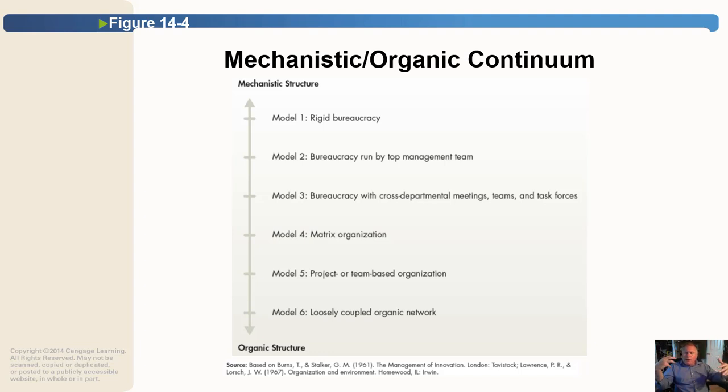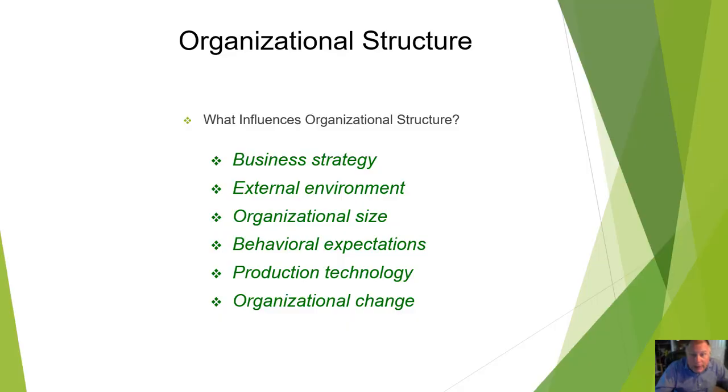There may be individual parts of the company that run that way, but matrix is how things are worked. Model 5 are project or team-based organizations, where people come together to work on a project or an outcome. And then Model 6 is just loosely coupled people together to do things. So we have these different levels, different models that we look at.